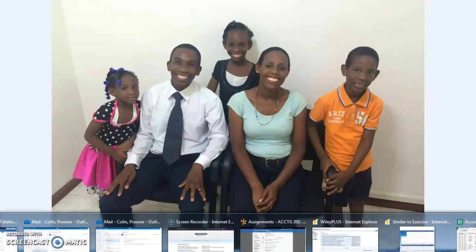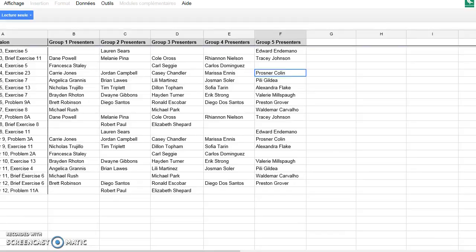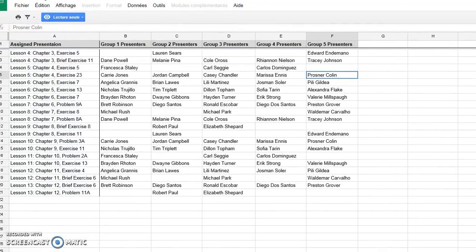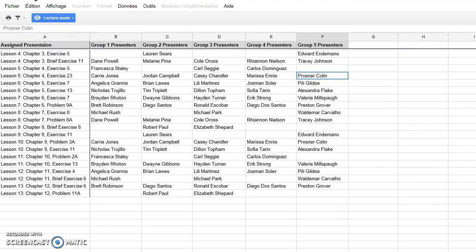So actually the number I have to work on tonight is number 23 in chapter 4, but I cannot find this chapter. So I think maybe the assignment should be numbers 2 and 3.